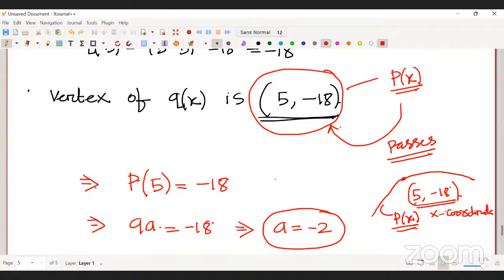In a graph, the y coordinate represents the value of the function at that point. So the point is x comma p of x. I know x equals 5, and I just need to compute p of x, that is p of 5, right? Clear, sir. Okay, fine.